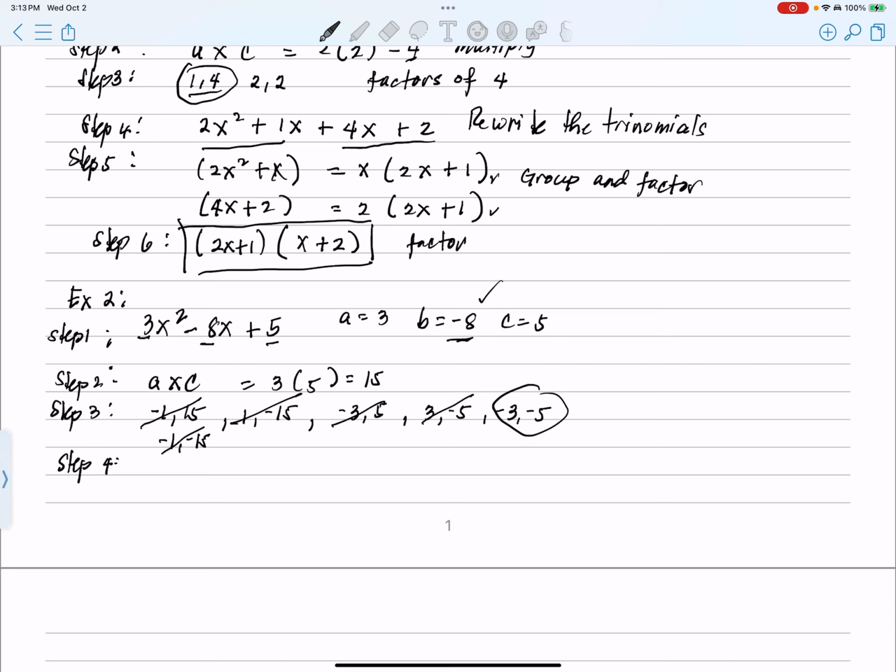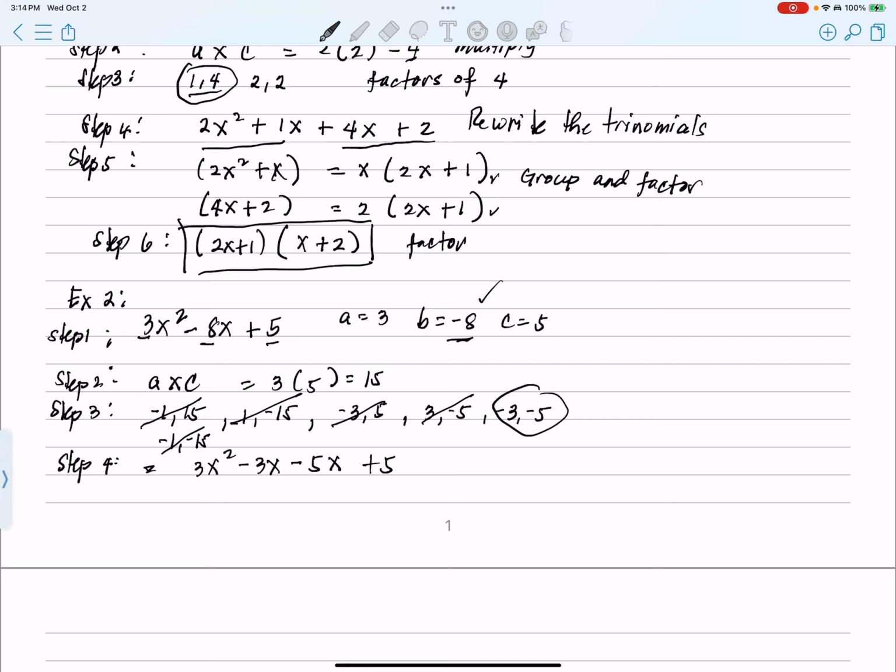So that means we found our pair of factors. So step 4, we're going to rewrite our trinomial and make it into 4 terms. So this will become 3x squared, I will give a space here, negative 3x minus 5x, then plus 5. So there are 4 terms because we will be doing it by grouping.